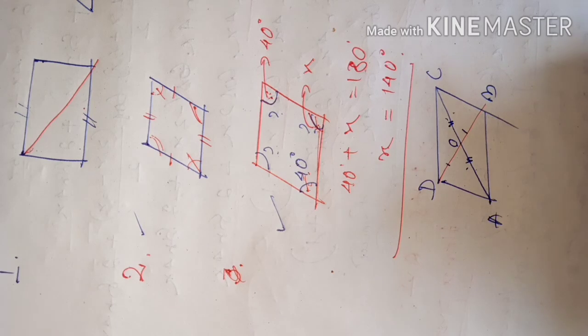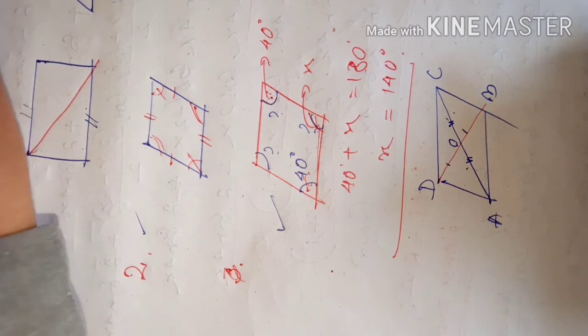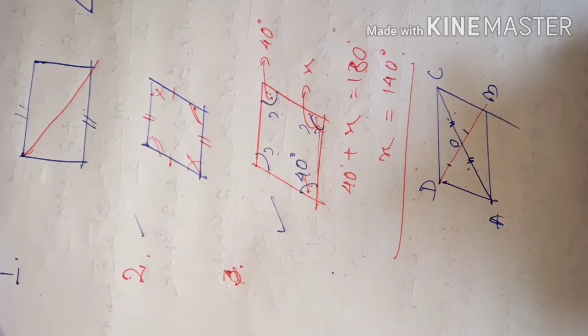Closing your eyes, you must be able to say what theorems you have got in chapter number 8, quadrilaterals. Diagonals of a parallelogram bisect each other. If the diagonals of a quadrilateral bisect each other, then it is a parallelogram. Every angle of a rectangle is 90 degrees. All the theorems you must go through.